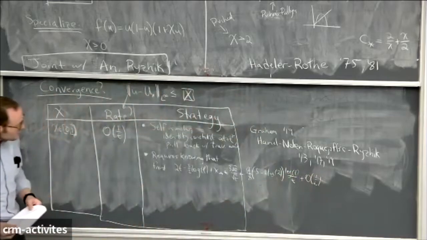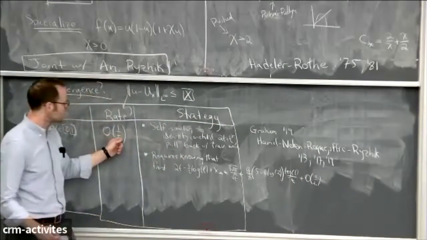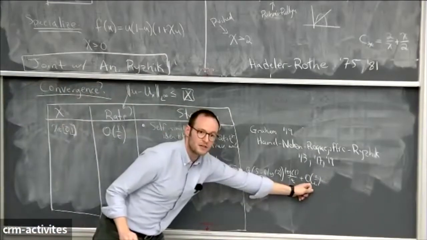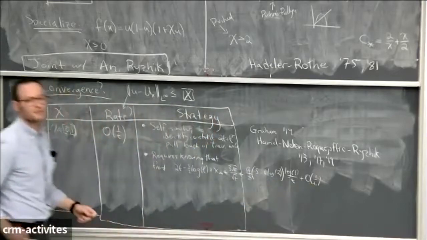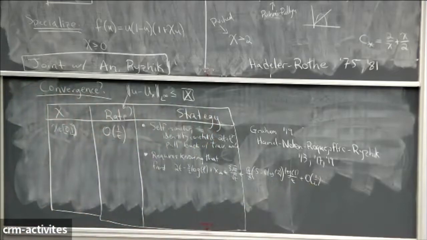Right? And why do you need all the way down to here? Well, if you want to get O of 1 over t close, you better be O of 1 over t close to where the front is. You have to identify precisely where you are.